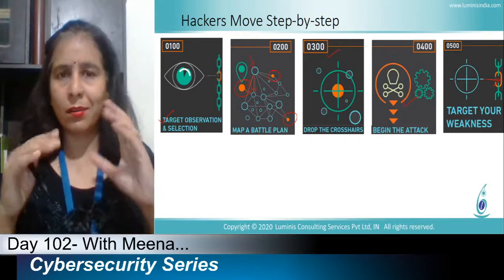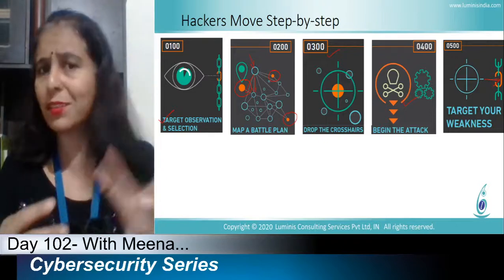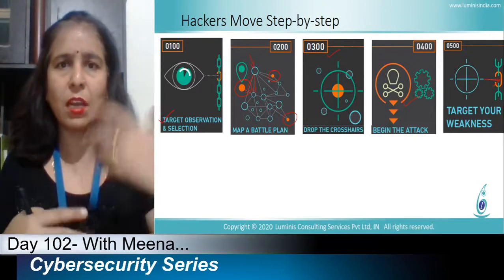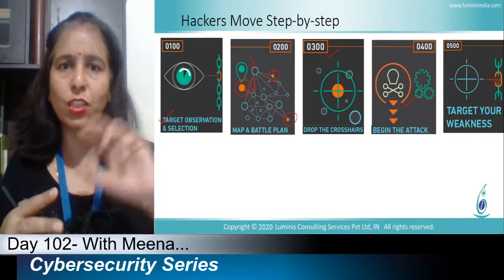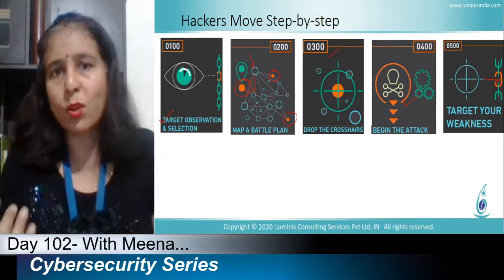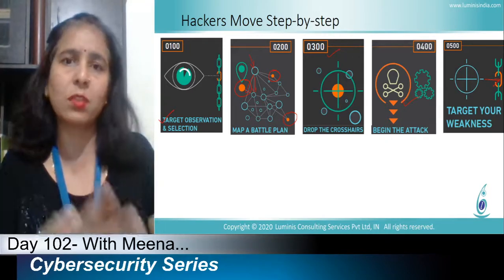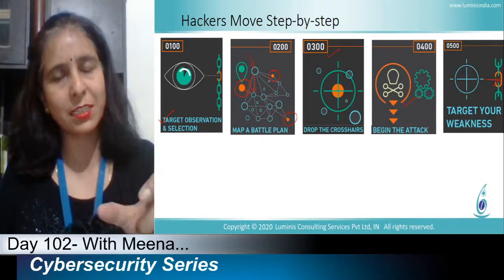They are hunting for the weakest link so that, with less effort, they don't come into the eyes of the security measures and don't get caught by the organization's security systems. So they try to find out which is the weakest link.